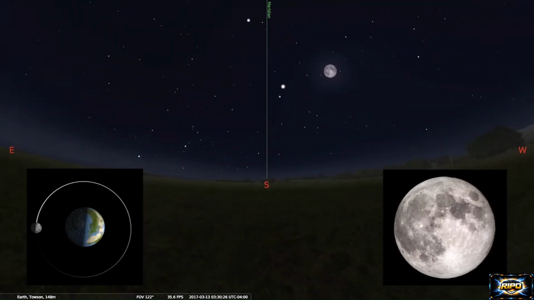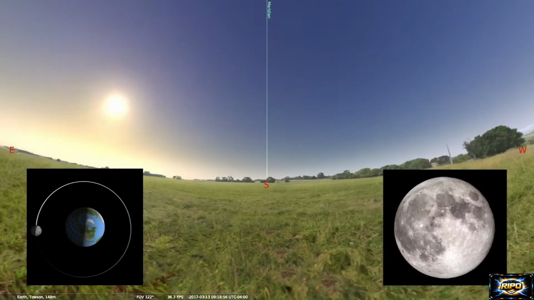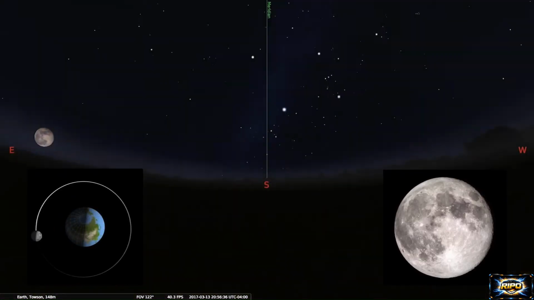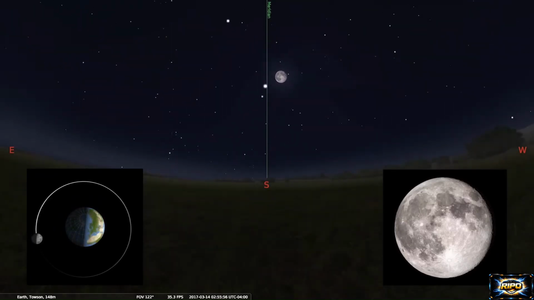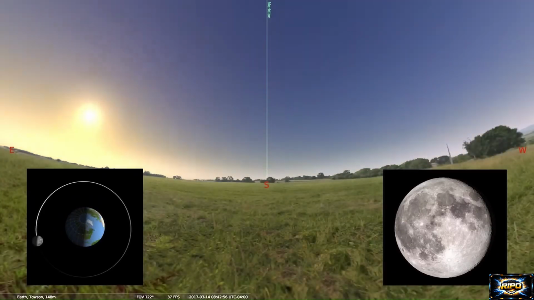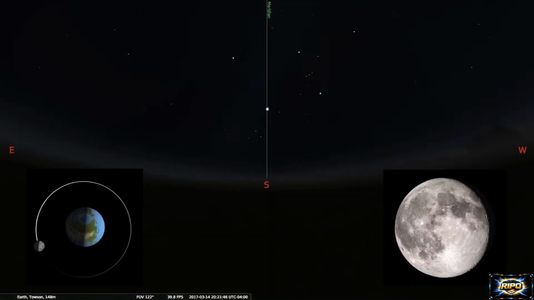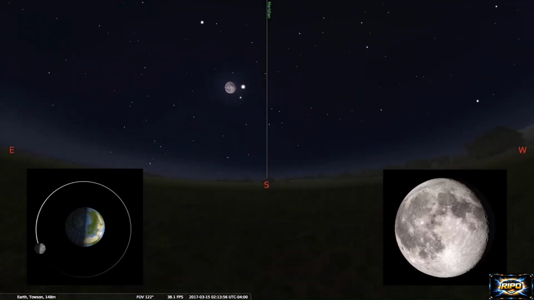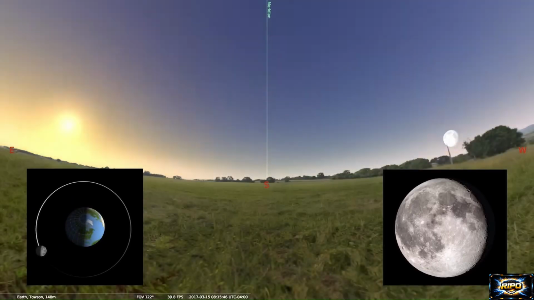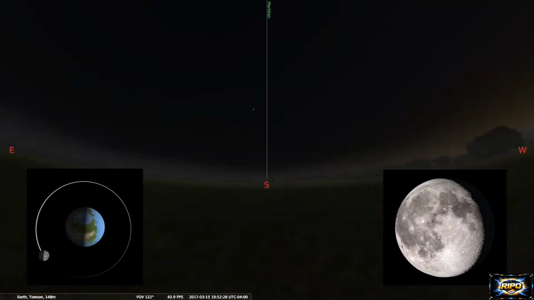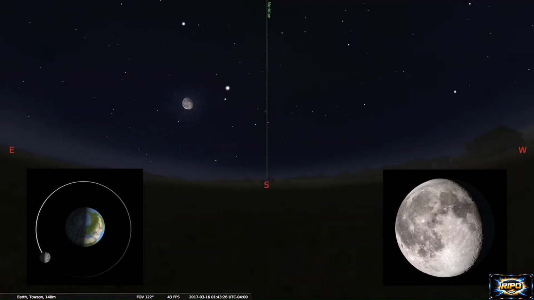That means the full moon transits the meridian at midnight, and the sun is now setting, and because we're now past the full moon, you will notice that the moon rises after the sun sets. So the moon is rising later and later, and it's going to be usually past most people's bedtime before any moon will rise, the waning gibbous moon.